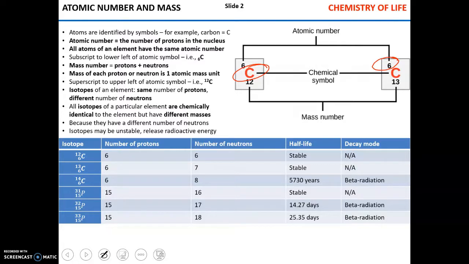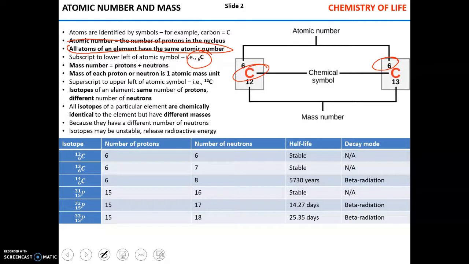And this is really important. All atoms of the element have the same atomic number. No matter which atom of carbon you take, it's going to have 6 protons in the nucleus, and its atomic number will be 6.